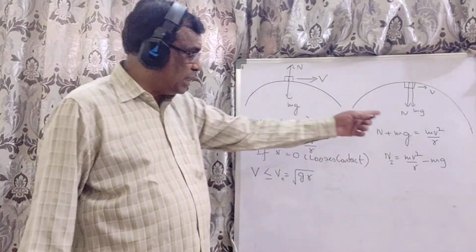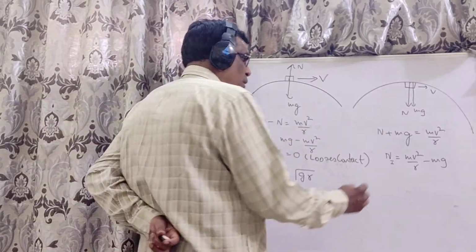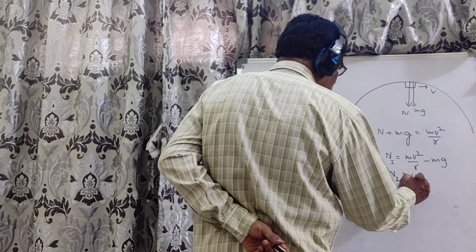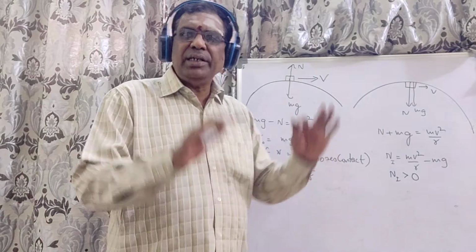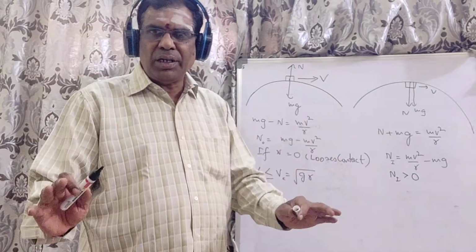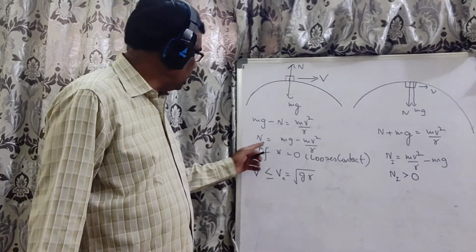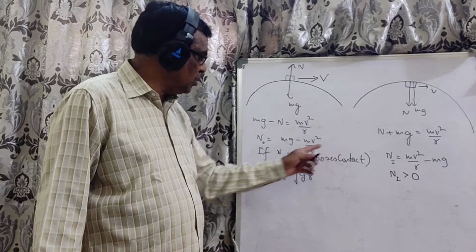That means there is a negative sign. Here also it can be 0. And you want N to be positive, so that the body does not lose contact with the surface.